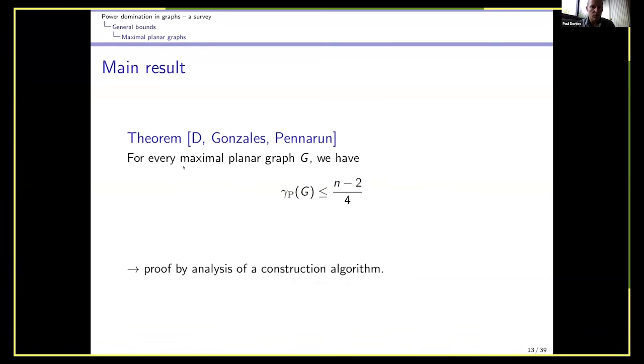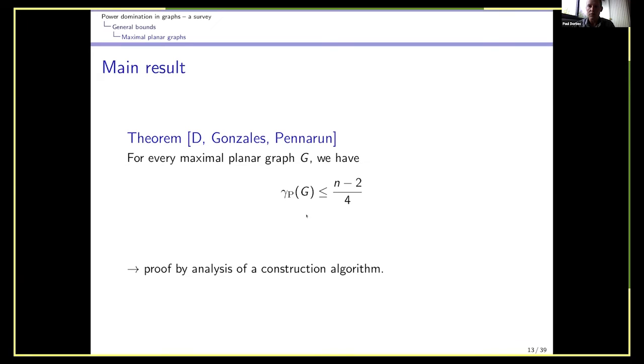One of the most recent results we've had on this topic is for maximal planar graphs. Given a maximal planar graph G, the power domination number of the graph is at most (n-2)/4. This is work we did with Antonio Gonzalez and Claire Penara. I just give the idea of the proof quickly now.